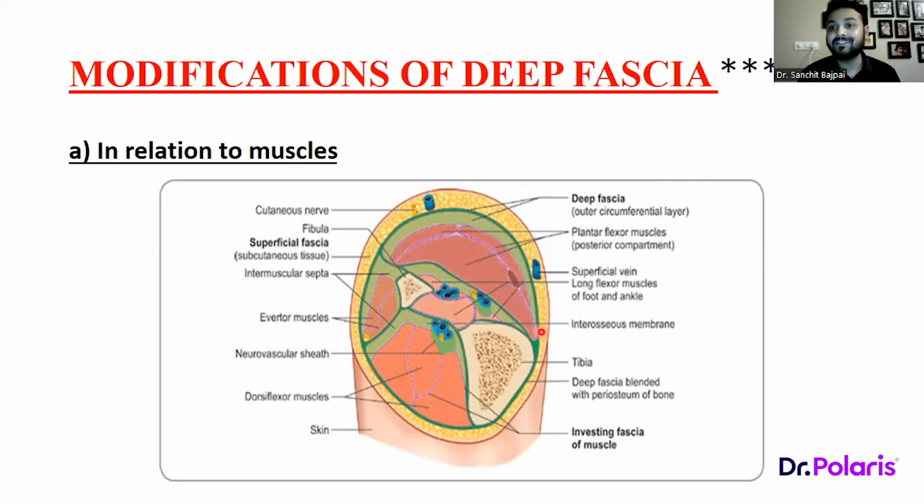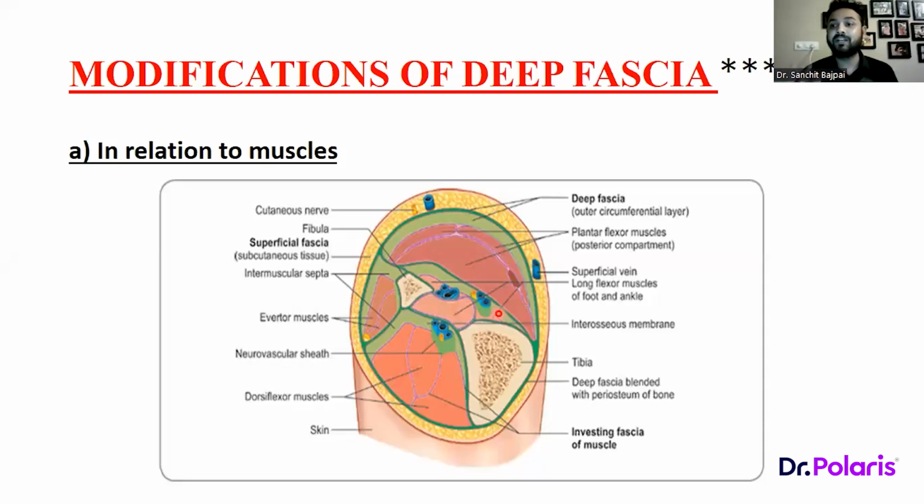Now, why exactly has this intermuscular septum been given to you? If you closely see this leg, these intermuscular septa contain very important vessels and nerves going through them. So intermuscular septum divides the whole limb into compartments, 1 compartment anteriorly, 1 compartment posteriorly, 1 compartment laterally, 1 compartment medially.